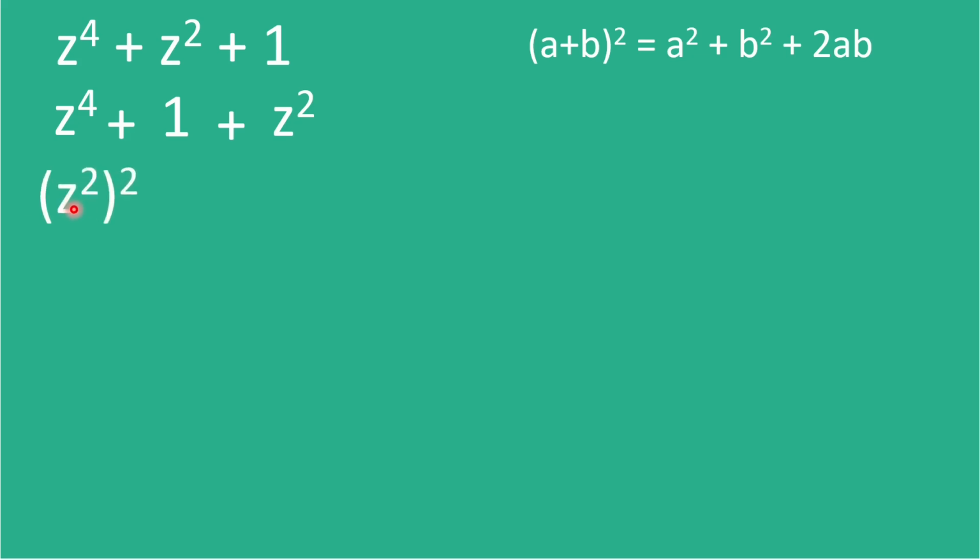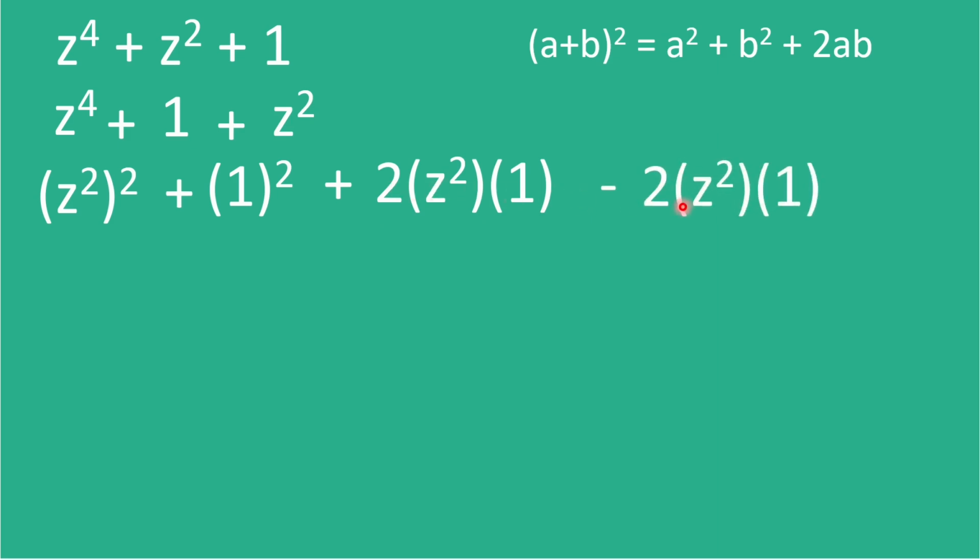So this will become z squared all squared plus 1 squared plus 2ab, where a equals z square and b equals 1, so 2z square into 1. We have added this on our own, so to balance this, we will subtract the same 2z square into 1, and then we will write plus z square.